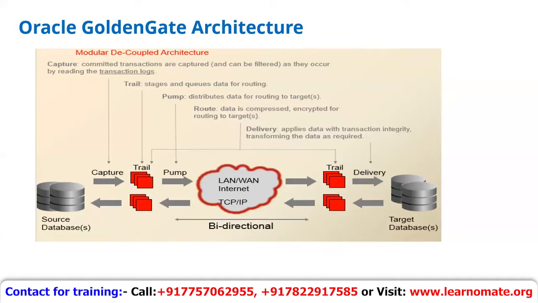Remember, each process you see over here, extract, pump, and replicate, is independent of each other. As I mentioned, bidirectional is nothing but two-way unidirectional, but there are some considerations which we discussed during the training.